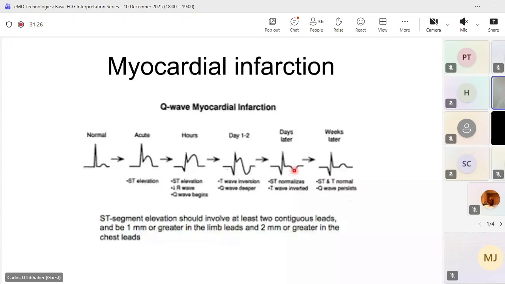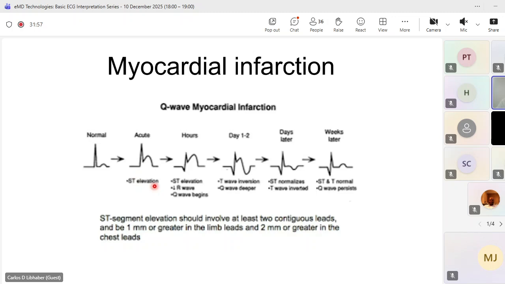So obviously we want to act here with thrombolysis, as I said, or if possible, if we have a cath lab and we have a cardiologist, we try to take the patient to the cath lab and open up. That is not always possible.